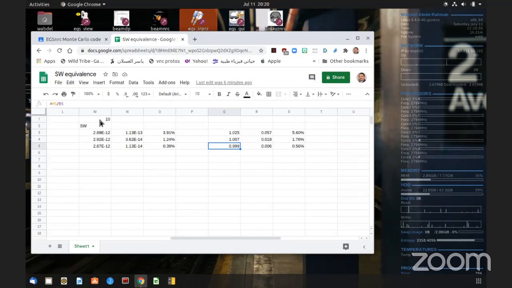If I want to validate that, I would reduce the field and do the simulation again. If for smaller fields I get a difference, then probably it's the scattering that is making things look very nice at 10 centimeters.